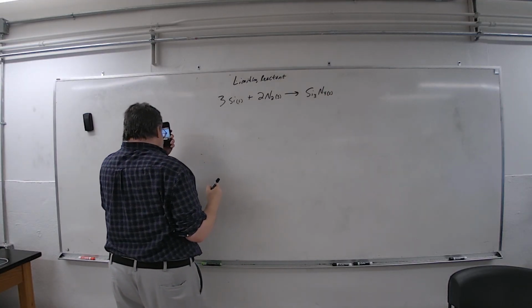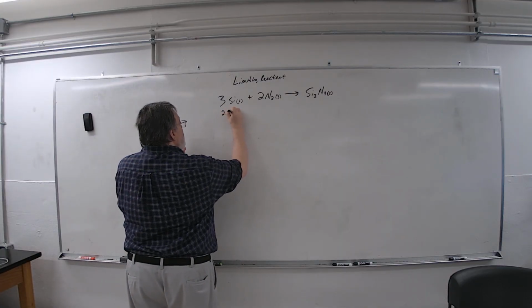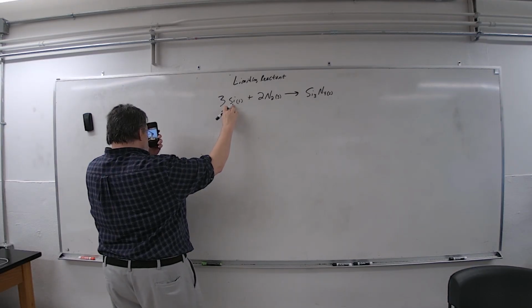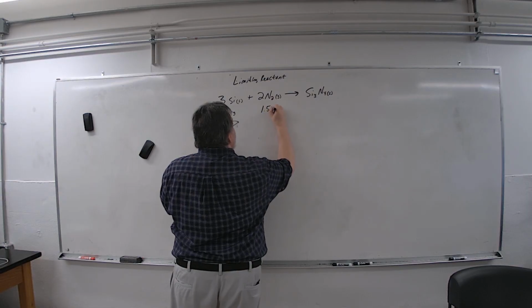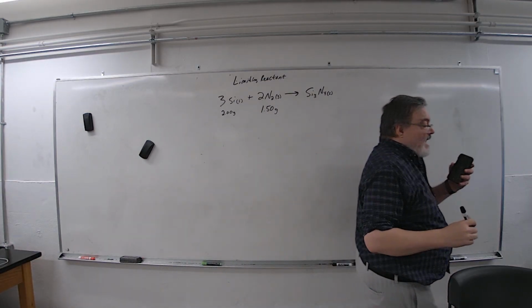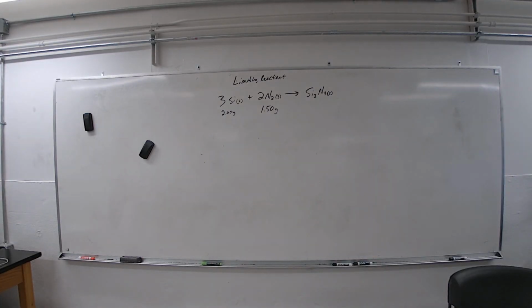You have this reaction. You've got 2 grams of silicon and 1.5 grams of N2. These are the ones I have online. And I bet it's the same example I did the other day.